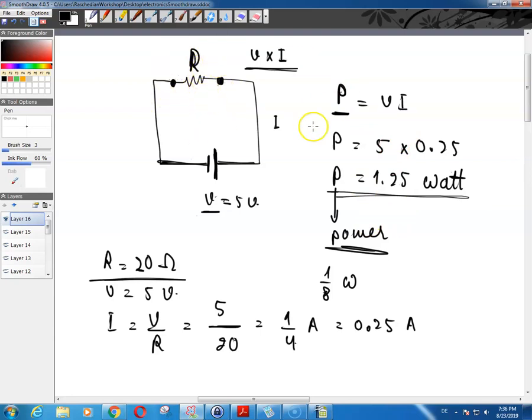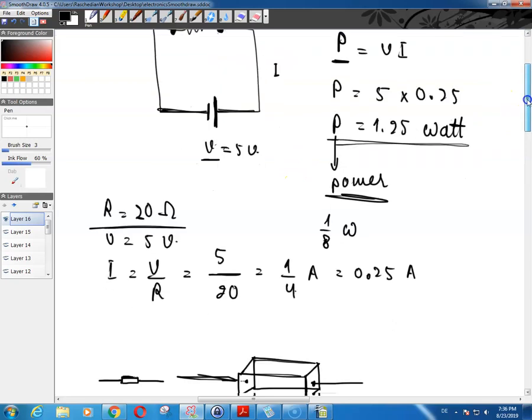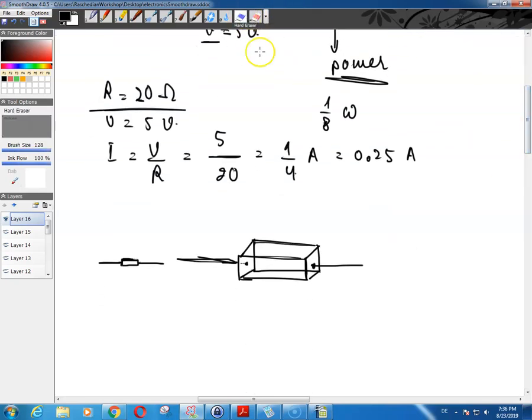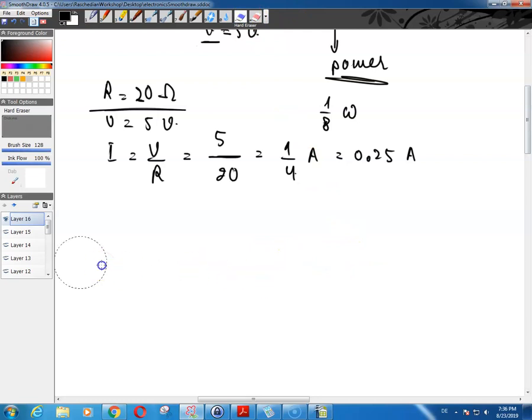Now the problem with these resistors, and probably with any other chemical material, and of course you know that a resistor is a chemical material. It's basically carbon packaged in a small package, and that creates resistance. Carbon, probably with other things mixed in.